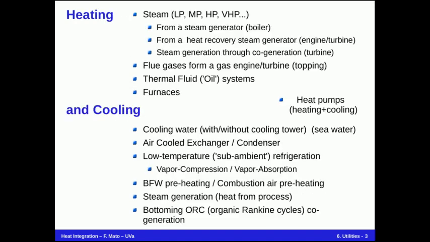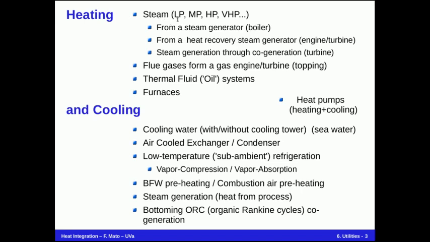During this part of the lesson, we're going to talk about the most frequent, the most common utilities in process, dividing them into heating and cooling. The most common utility for heating in our process is steam.